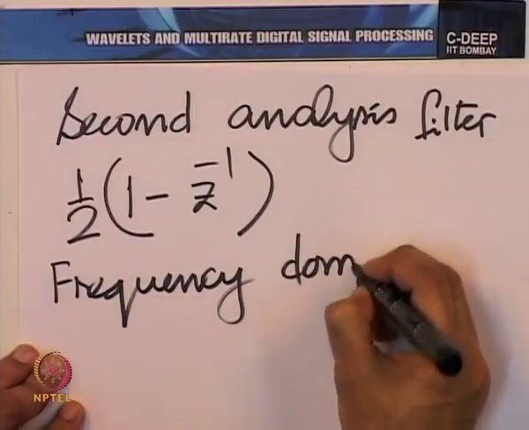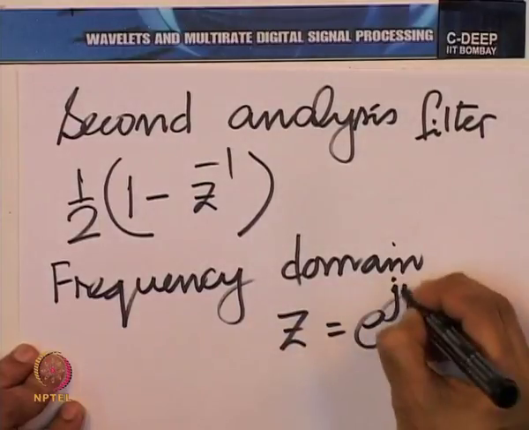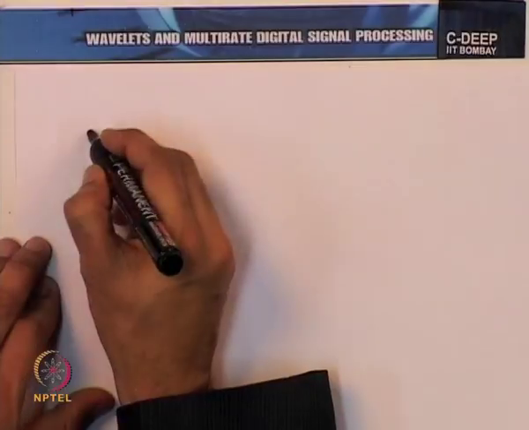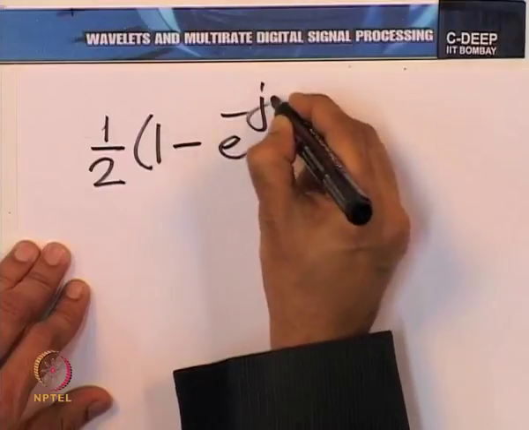So, the frequency domain would show it as Z equal to e raised to power j omega, whereupon we have 1 minus e raised to power minus j omega, by 2, and we play the same trick.